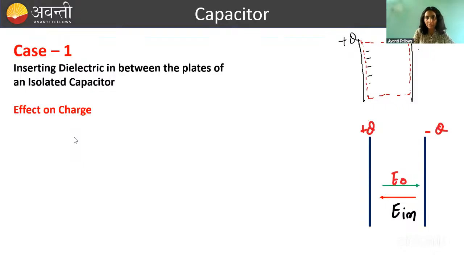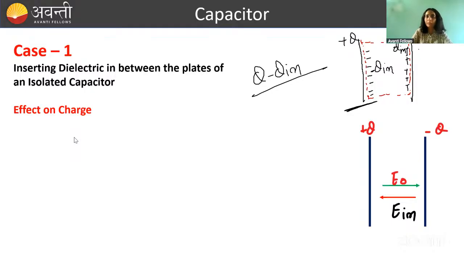This side negative charge, this side positive charge. Let's say this negative induced charge is minus Q induced, and this is plus Q induced. So you may think that the charge on the plate containing plus Q will finally become Q minus Q induced.